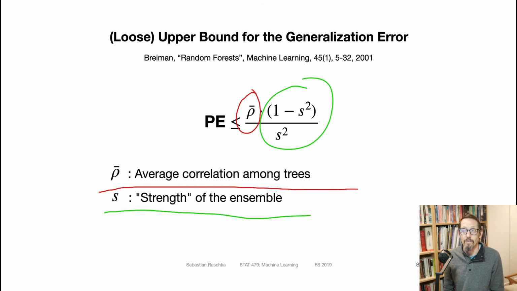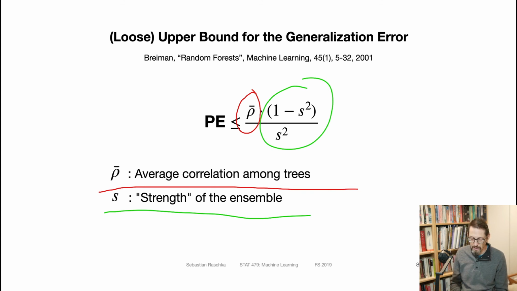And the strength of the ensemble is also in this. The strength in this case means how powerful is the system at overfitting, essentially. A very good overfitter, a 12th order polynomial, is going to be a very strong classifier compared to a linear classifier.